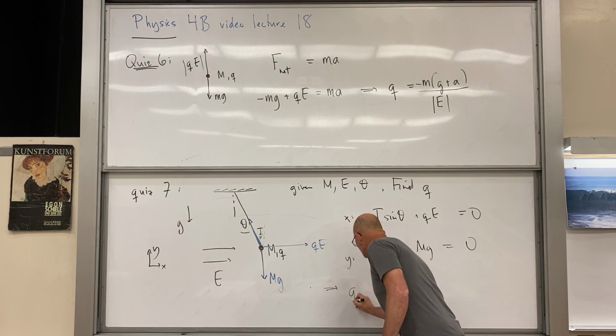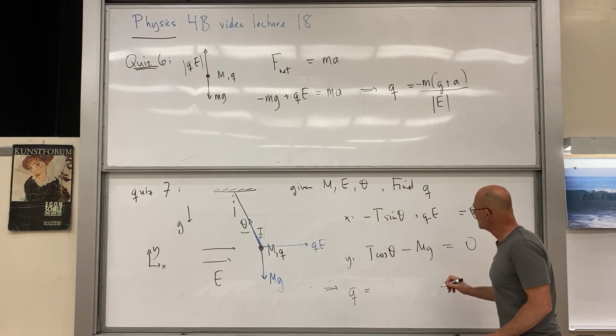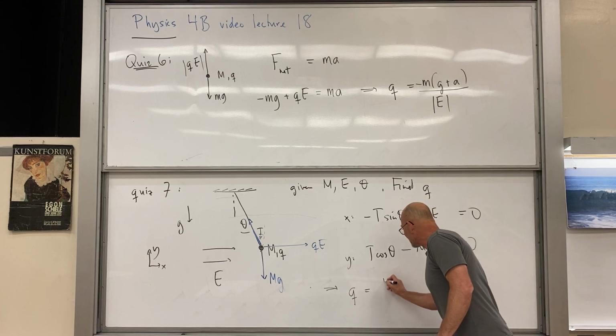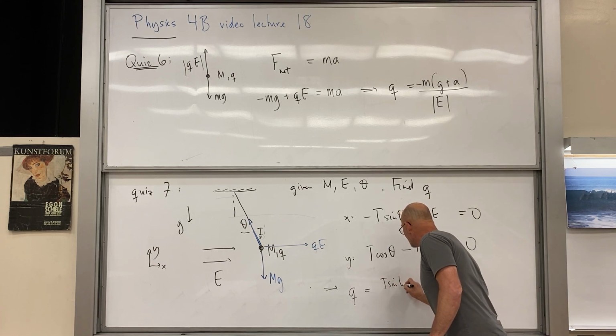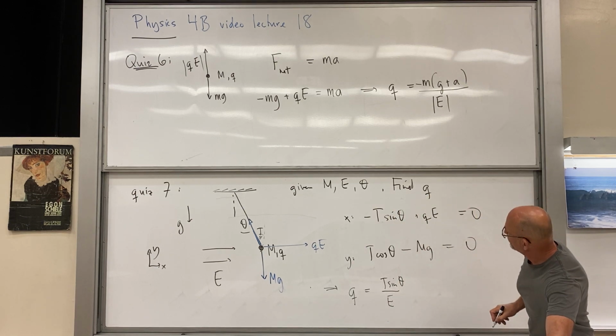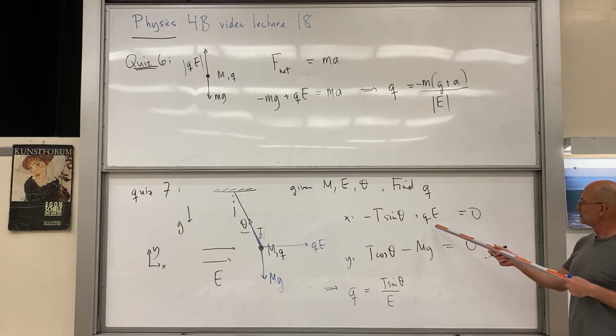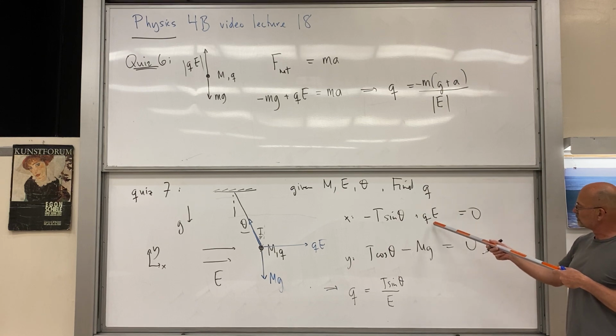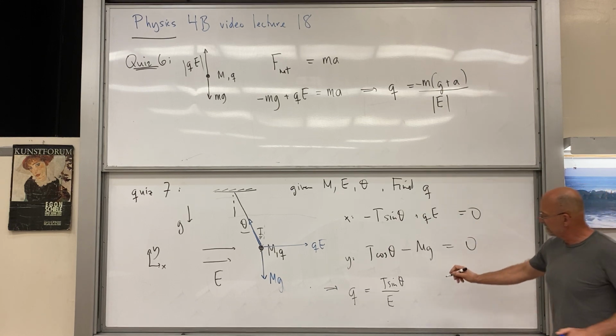So the charge from the first equation is T sine theta divided by E. T sine theta divided by E, that's the charge. And then we'll take T from the second equation, mg over cos theta.